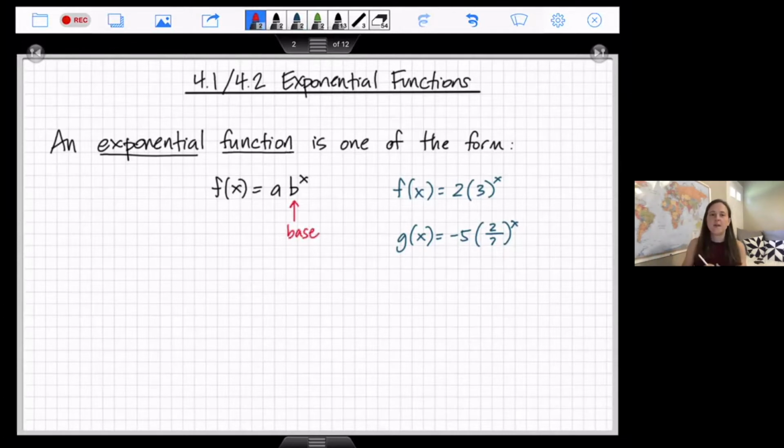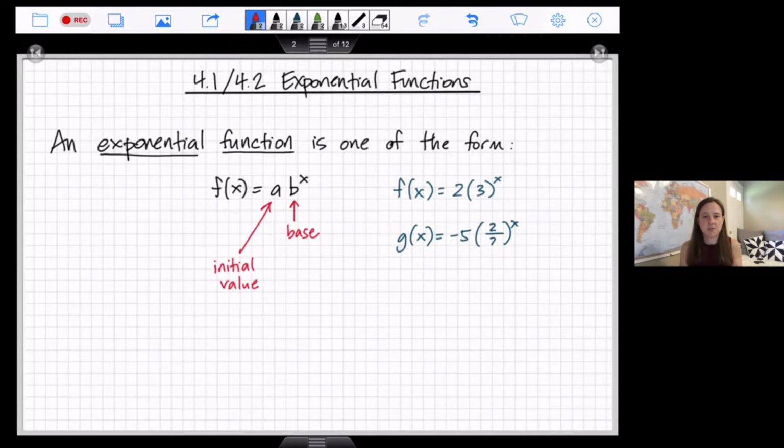And then the number a, whatever that is, we call the initial value. We'll talk more about the initial value in a later video. Today, I want to focus on that base and what the different values of b would change about the graphs of these functions.